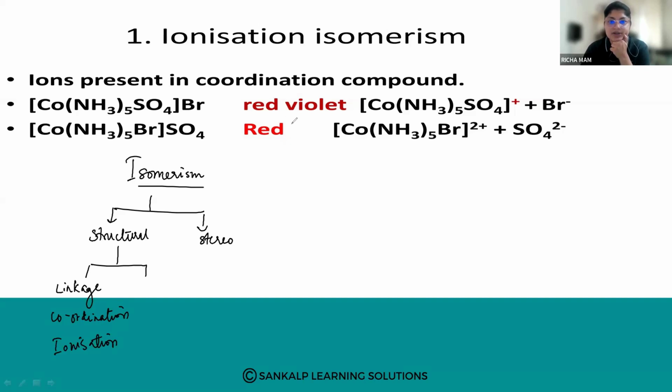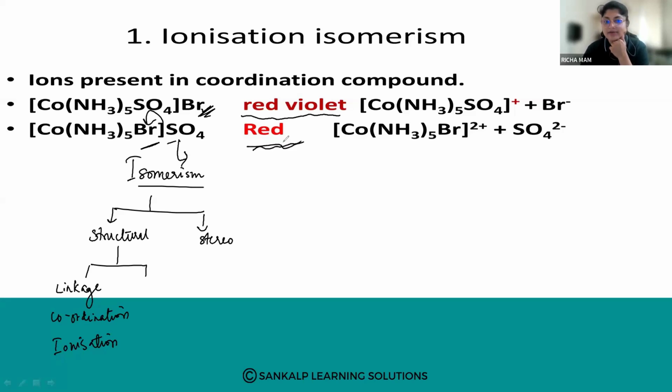When you add cobalt NH3 5 sulfate Br, this is red violet in color, with Br outside the sphere. When you dissolve it in solvent, it may also dissociate such that Br is inside the sphere and the sulfate is outside the sphere.